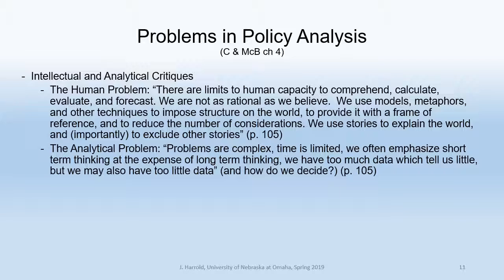We are humans, and we're not as rational as we believe we are. So often we use models and metaphors, and I would say narratives, to impose our structure on the world and provide it with a frame of reference. This is how we explain what's going on in the world, and quite often those narratives find their way into policy.